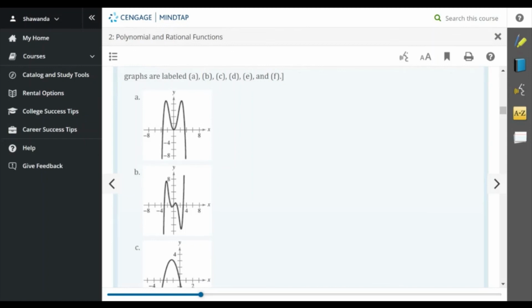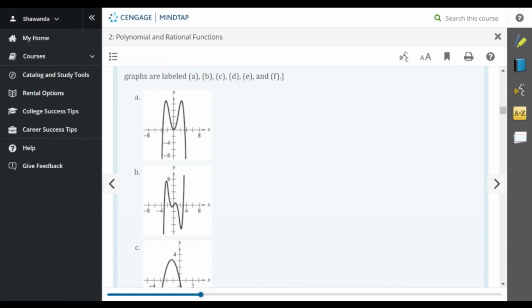So it must be an even degree polynomial because both ends are doing the same thing at the same time. Now, because both are going down, that's a reflection, which means the leading coefficient must have been negative. Negative leading coefficient, but even degree. So ask questions if you don't understand, because we're going to go through B and C and D.